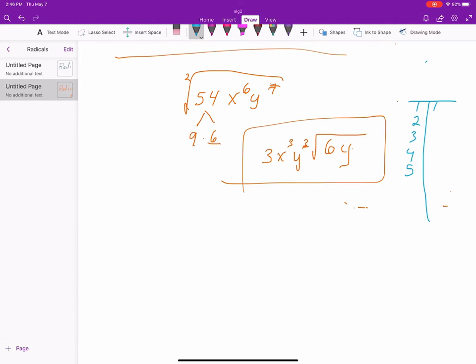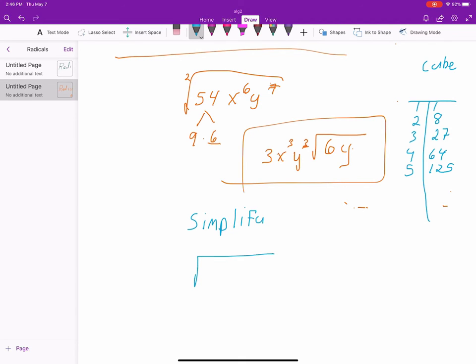This time I'm going to talk about cubes. All right, so 8, 2 cubed is 8, 3 cubed is 27, 4 cubed is 64, and 5 cubed is 125. So cube roots can also be simplified using the same strategy but different numbers.